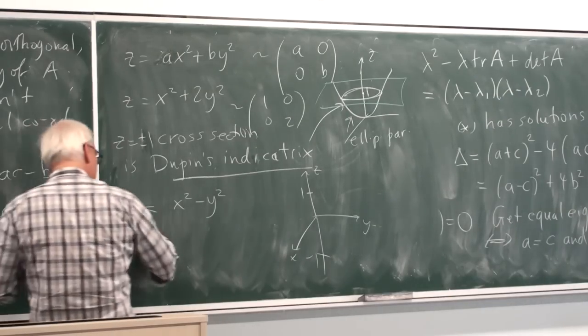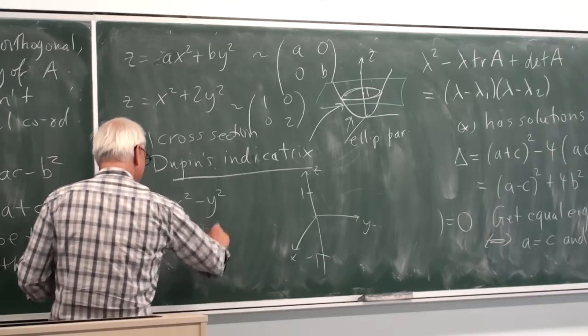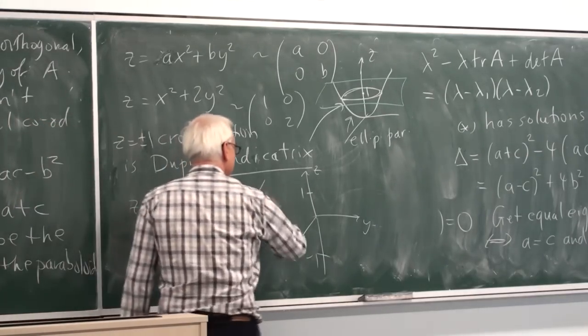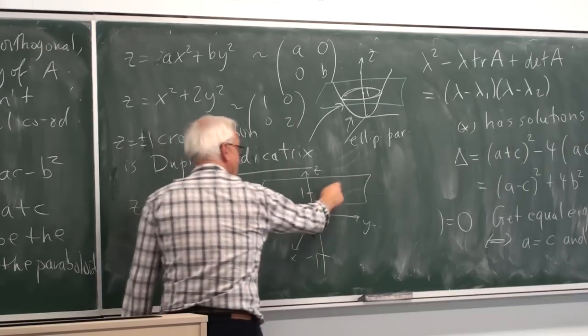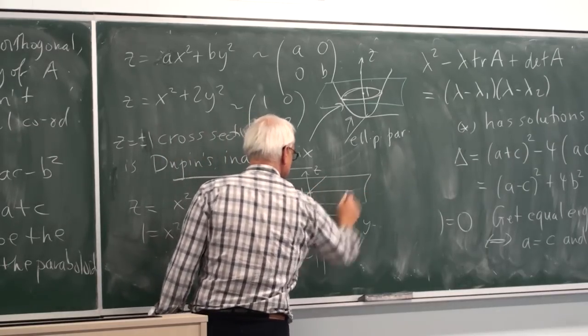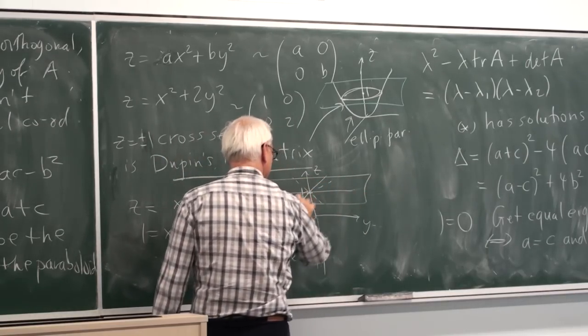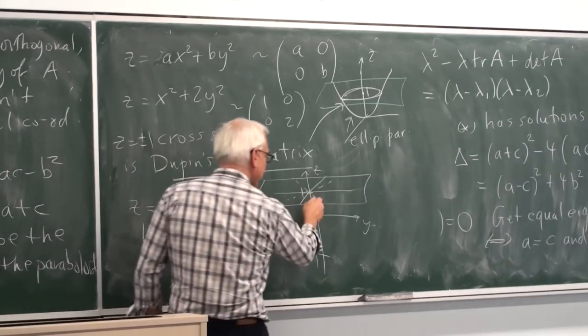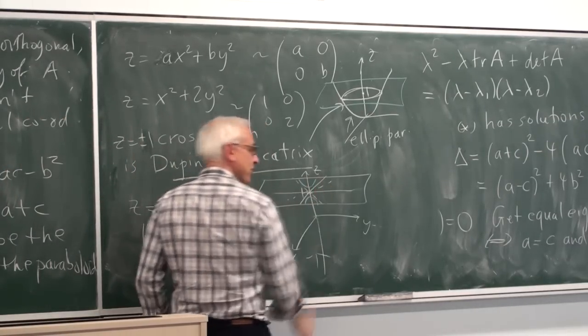So if we have 1 equals x squared minus y squared, that's going to be a hyperbola that opens up. So there's the axes. The asymptotes will be like this. So when y is 0, x is 1. So there'll be maybe something like this in this direction.